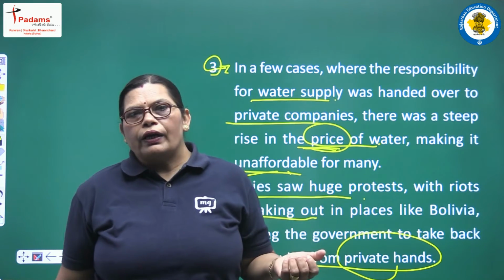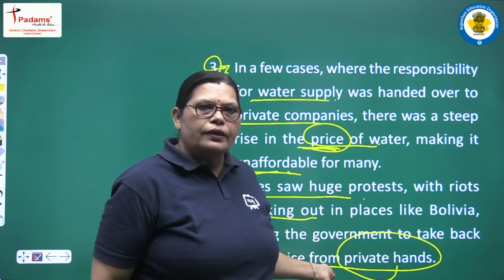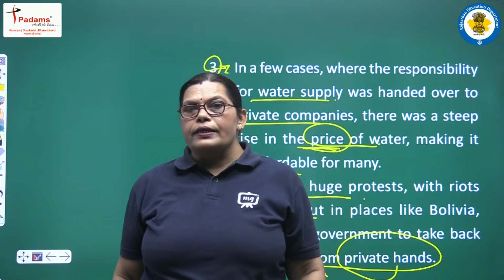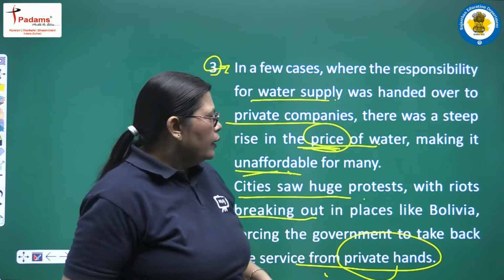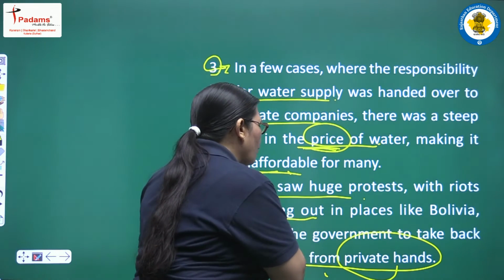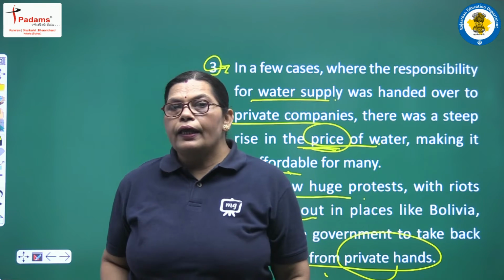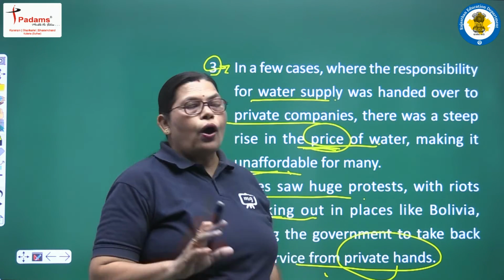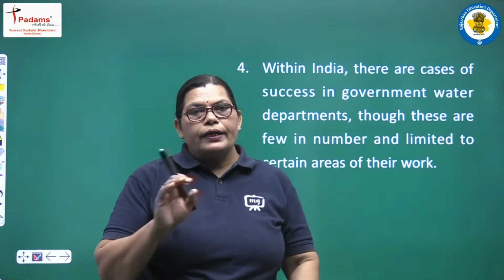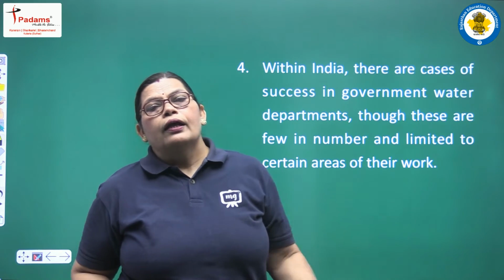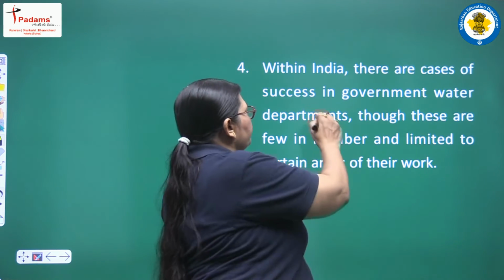They handed over water supply facilities to private hands, and at that time what happened? Riots broke out in places and they protested for a long time. That's why it's not possible to hand over to the private sector.